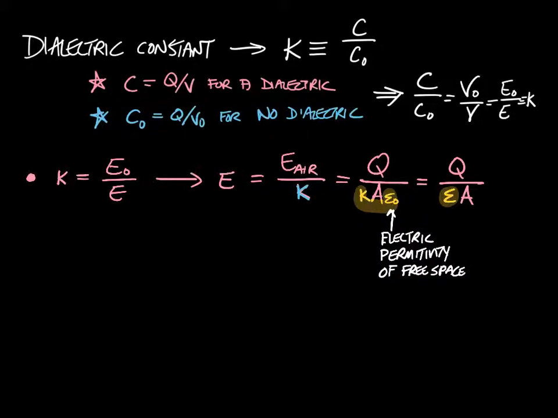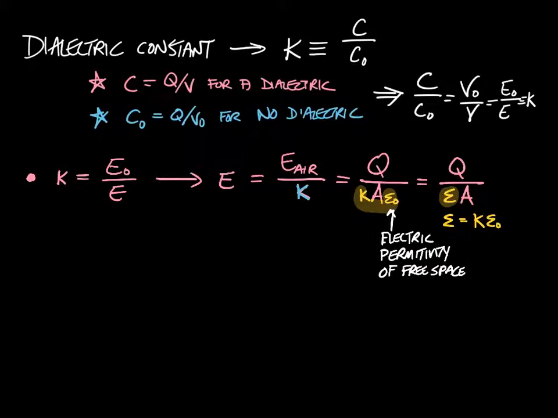And so what we have here is it's literally the case that epsilon with no subscript is a dielectric constant times the permittivity of free space. And if you're talking about a vacuum, kappa is 1, and it's the permittivity of free space.